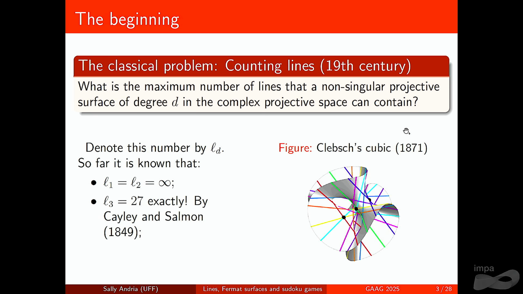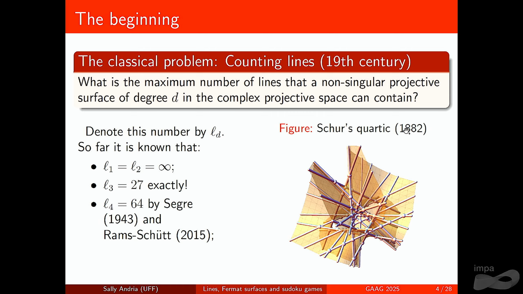For degree 4, Schur found an example with 64 lines, and 60 years later, Segre gave a proof that the maximum number of lines on a quartic surface is 64. But 70 years later, Rams and Schütt, reading Segre's paper, saw that he made a mistake in one of his arguments, but the number is correct.